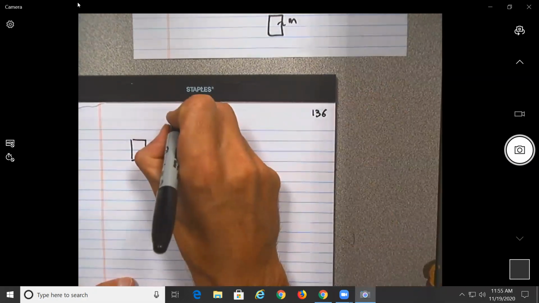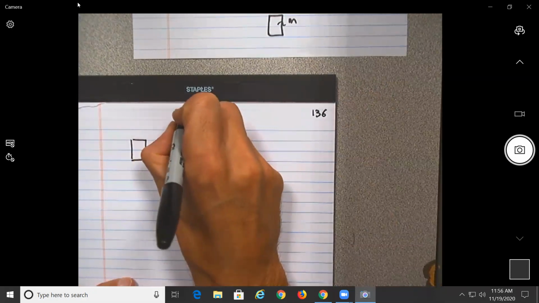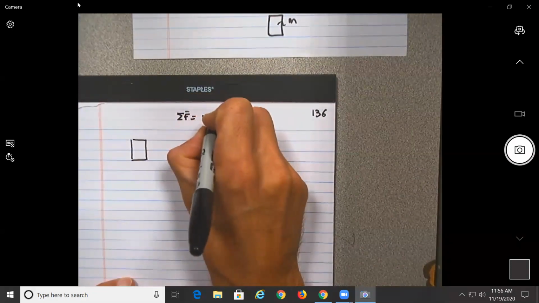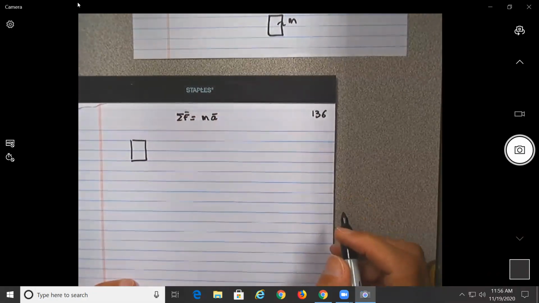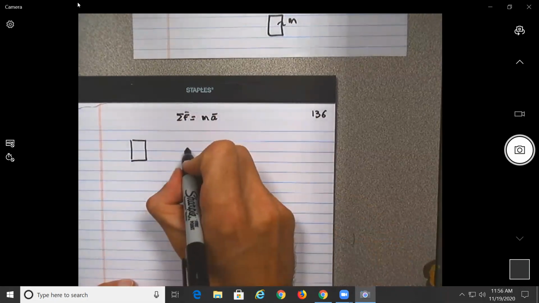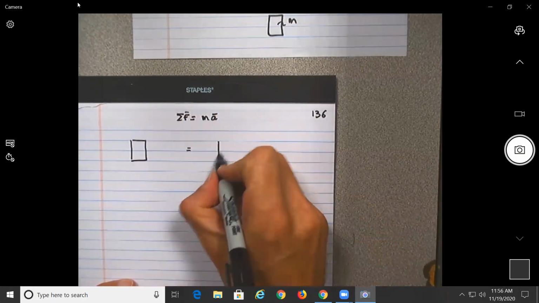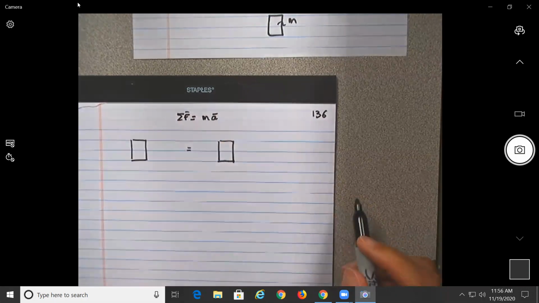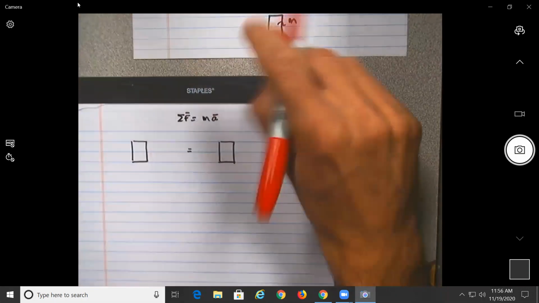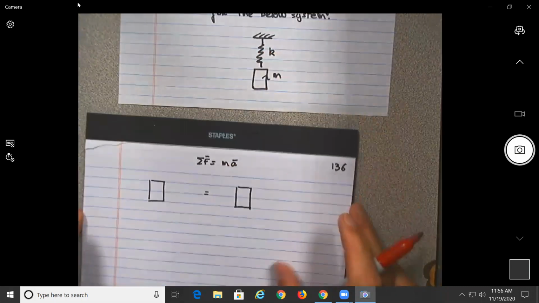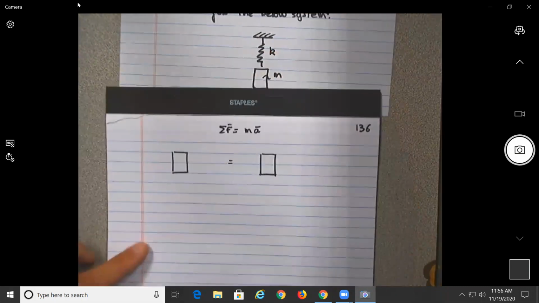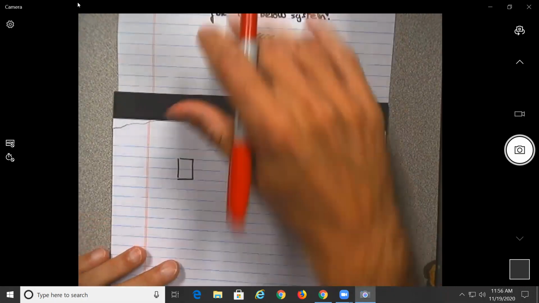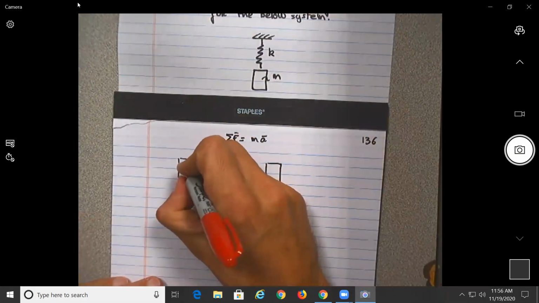So here what I'm writing is summation of forces equals to MA. Personally, I like to do one diagram for the left-hand side, one for the right-hand side, one for the forces, one for the inertia effects. So if we go from this figure to this figure, what are we going to have acting over here?